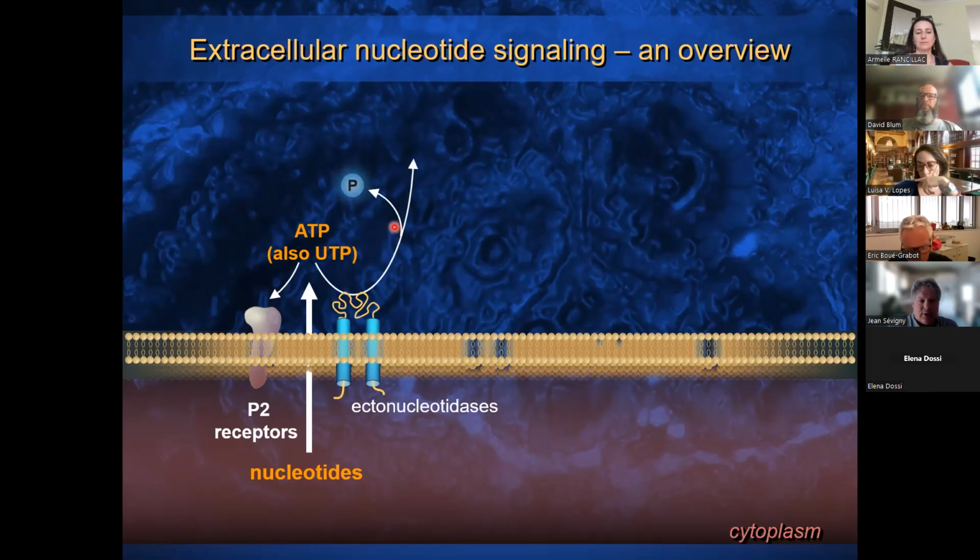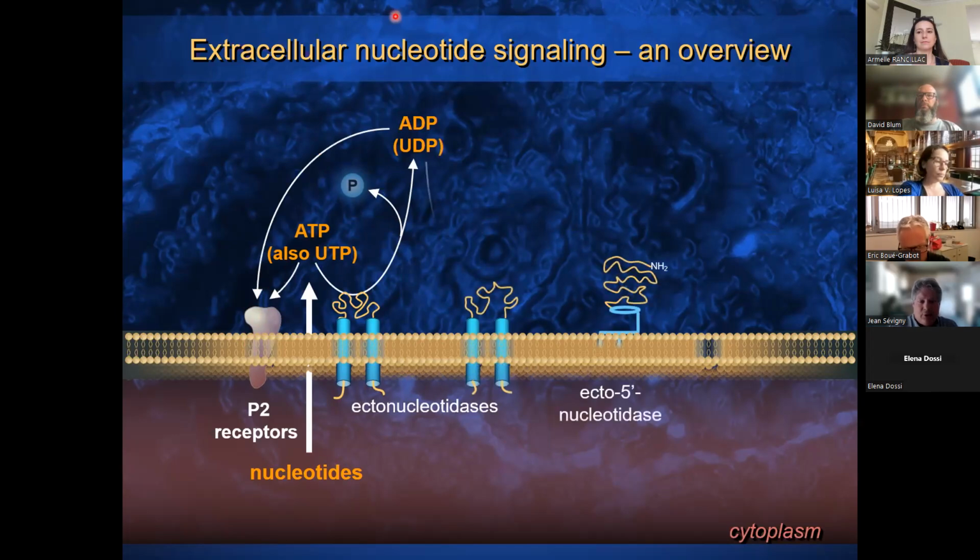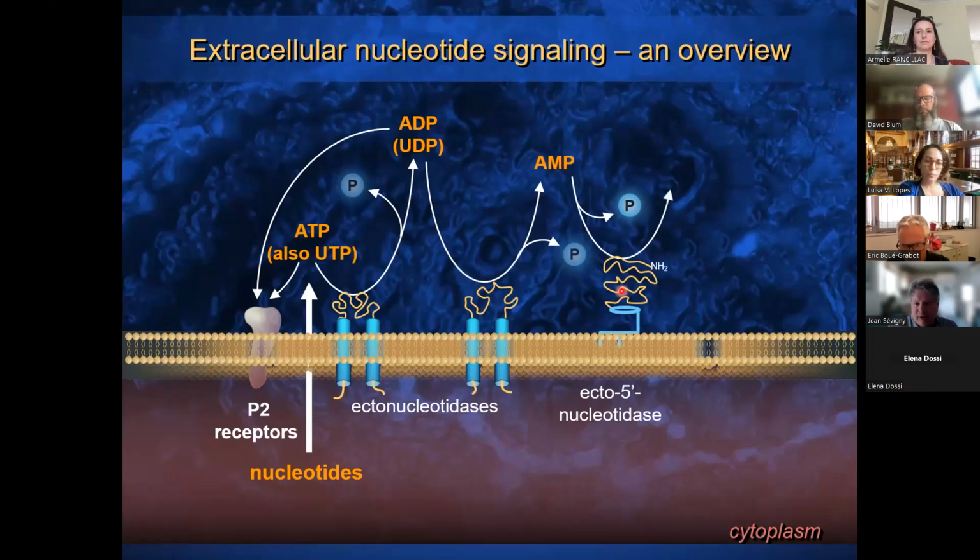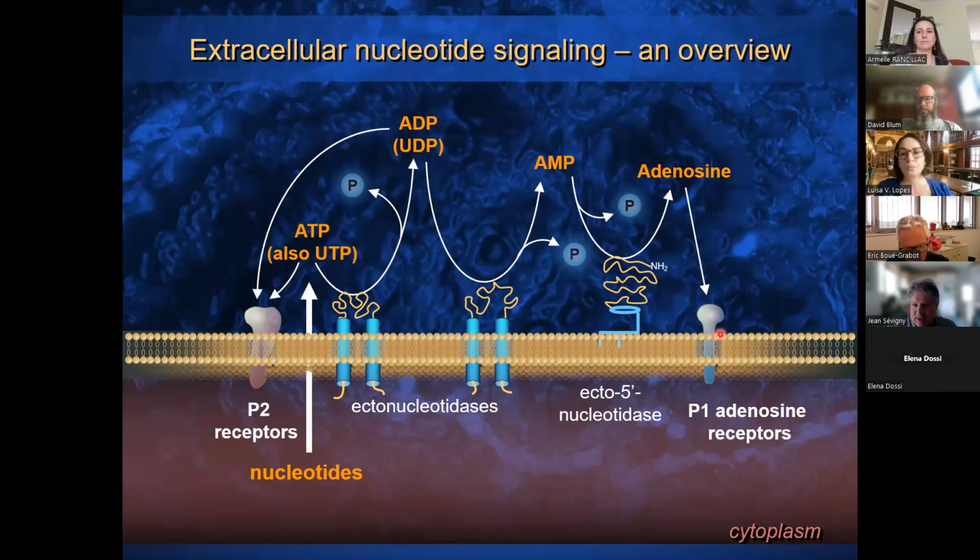They will produce the molecule with 1 phosphate less, so ADP and UDP. And these molecules can activate different types of P2Y receptors, which is also very important. And these molecules can be further hydrolyzed by ectonucleotidases, the same or different ones. And AMP is hydrolyzed by ecto-5' nucleotidase or alkaline phosphatase to generate adenosine. And as you know, adenosine is very important to activate 4 types of adenosine receptors.